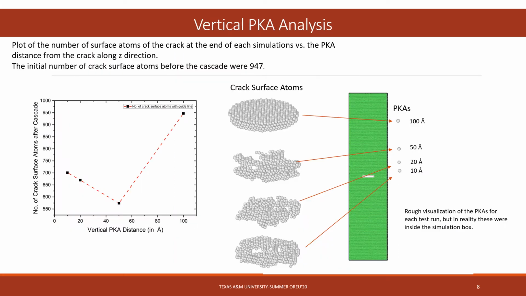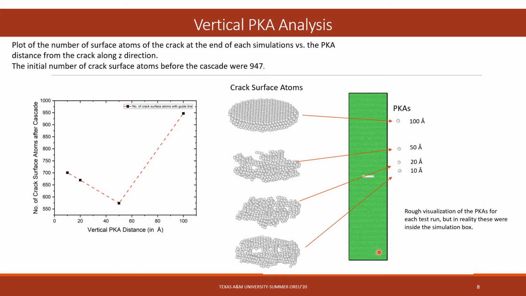On this slide, and in the next couple slides, I have some quantitative information. Here, I have a plot of the number of surface atoms of the crack as a function of the vertical PKA distances in angstroms. To the right, I have a schematic of what both these quantities are.